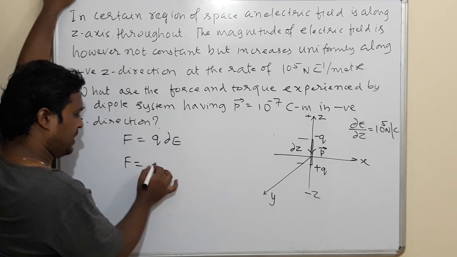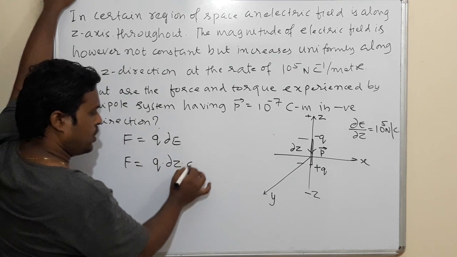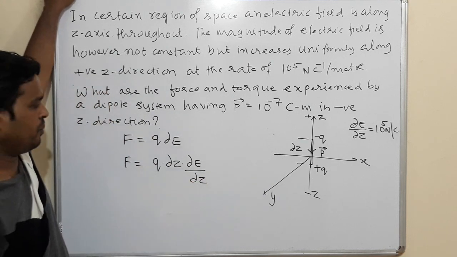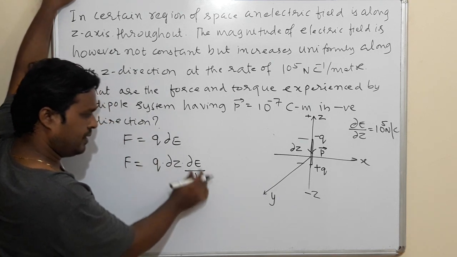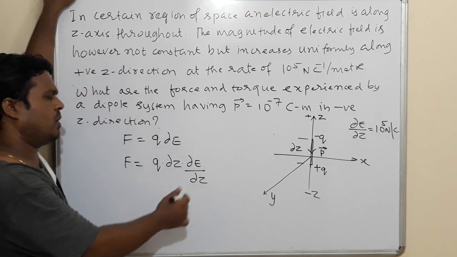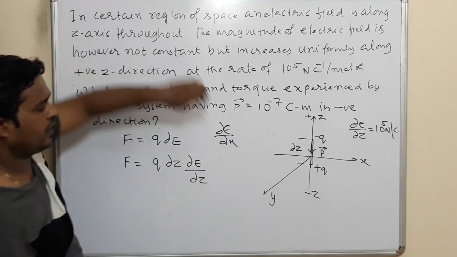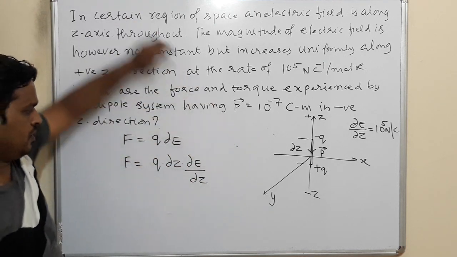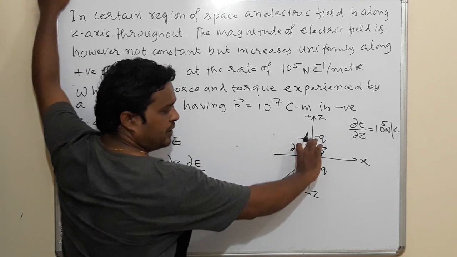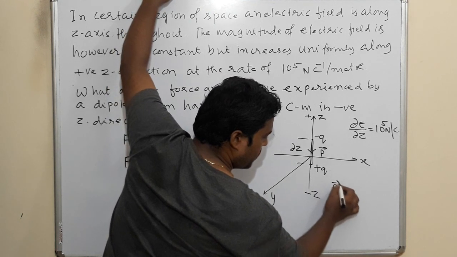I will write this equation like this: Q into dz into dE divided by dz, partially along x-axis, dE by dz along z direction, z-axis. If it is changing along x-axis, then I will write dE by dx. Now it is changing along z direction, so I can write this much. This is one of the charge multiplied by dz. See, dipole moment is equal to what?